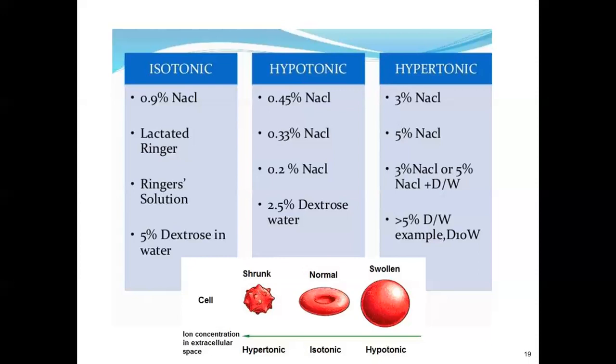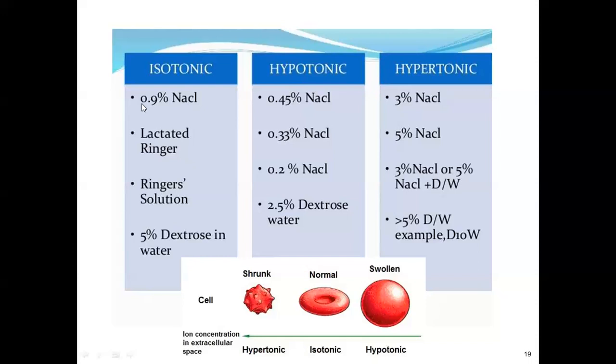Never give hypertonic fluid to a patient that is dehydrated, such as in DKA. The tonicity will cause the cell to shrink and dry out. Examples of hypertonic solution, most commonly used: 3% sodium chloride, 5% sodium chloride.